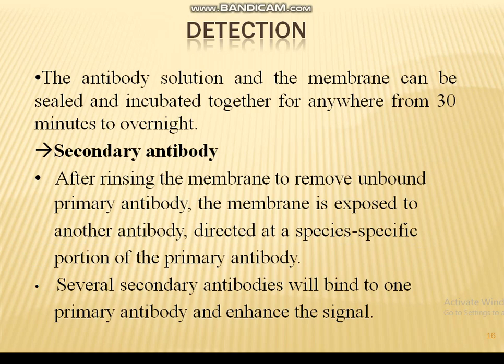The antibody solution and the membrane can be sealed and incubated together for anywhere from 30 minutes to overnight. Now talking about the secondary antibody: after rinsing the membrane to remove unbound primary antibody, the membrane is exposed to another antibody directed at a species-specific portion of the primary antibody. Several secondary antibodies will bind to the primary antibody and this will enhance the signal.